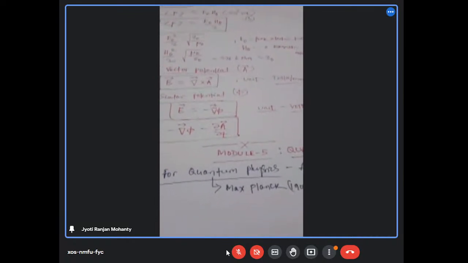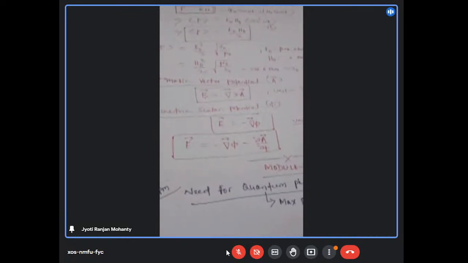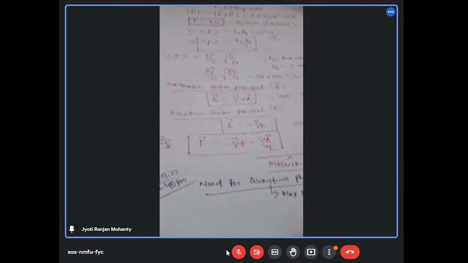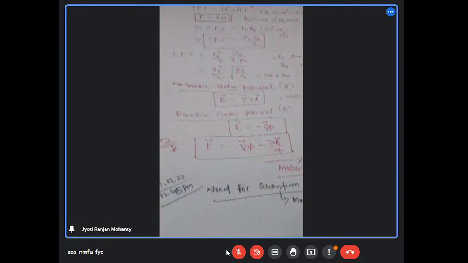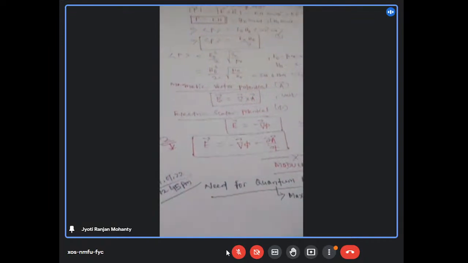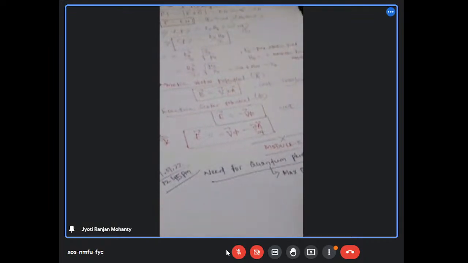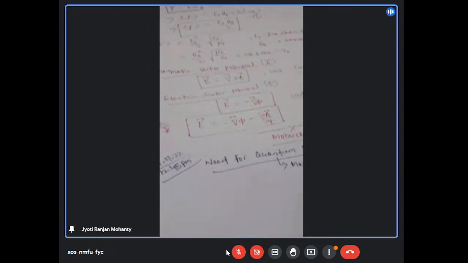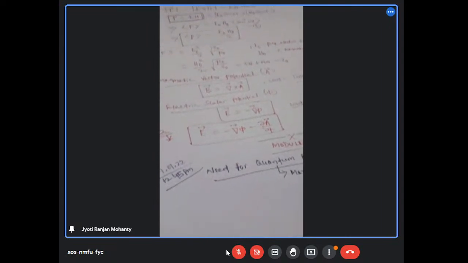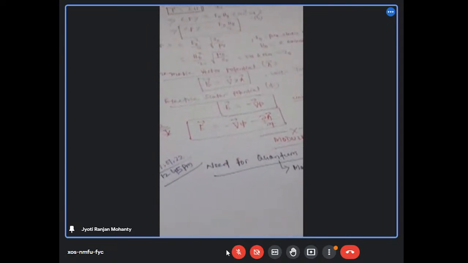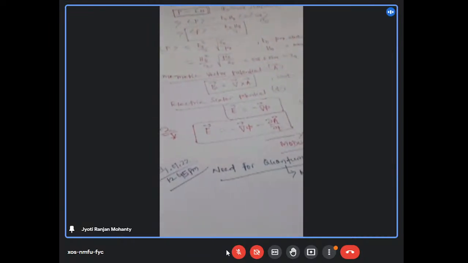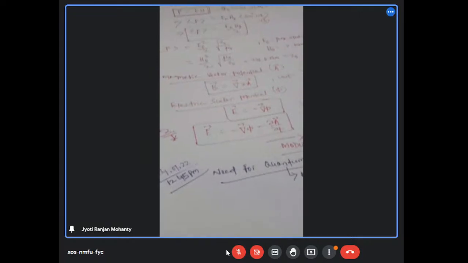So quantum physics is nothing but modified classical physics. Yes, very good. It is the modification of classical physics. Classical physics was modified in favor of new revolutionary concepts.